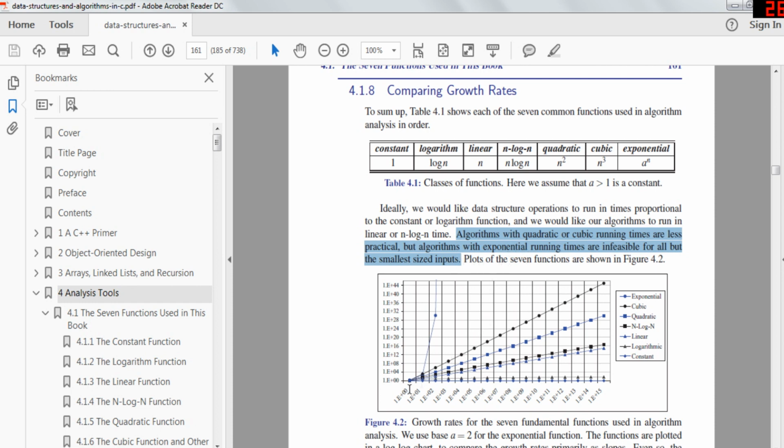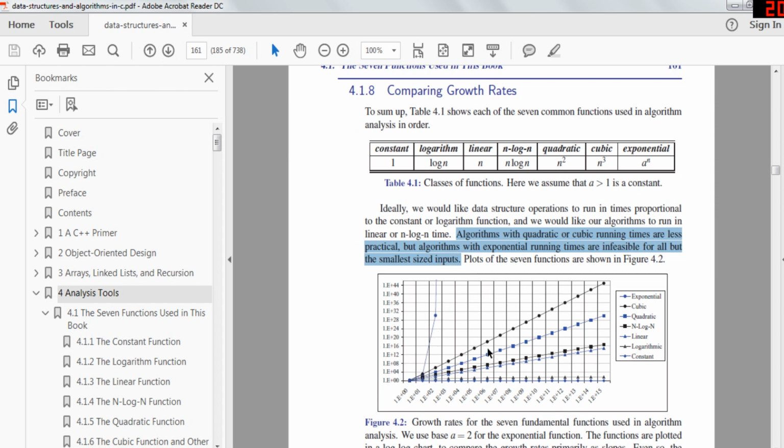So here they graph the time of all these functions. This is the cubic function. This is the exponential function. Look at that, it rises to the top quickly. It's kind of inefficient.